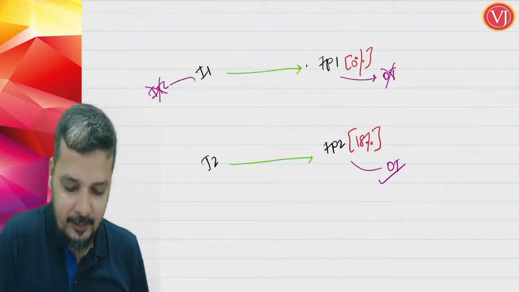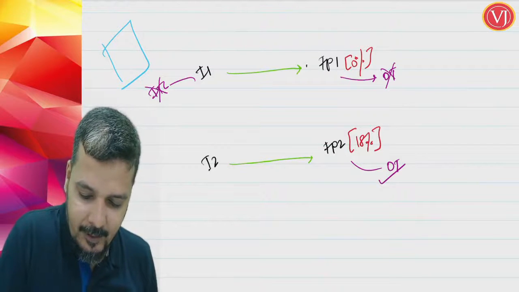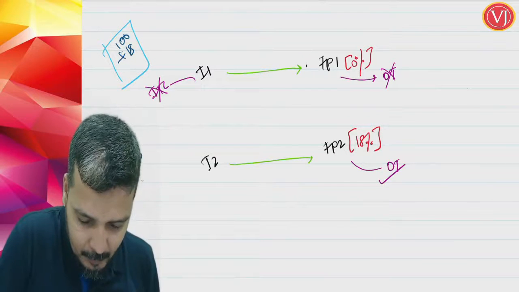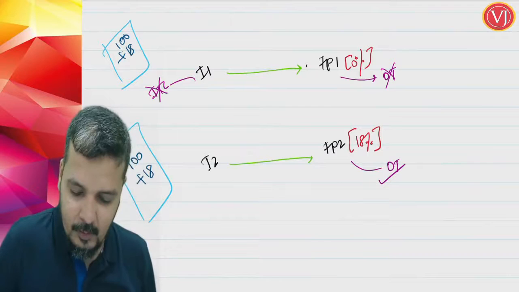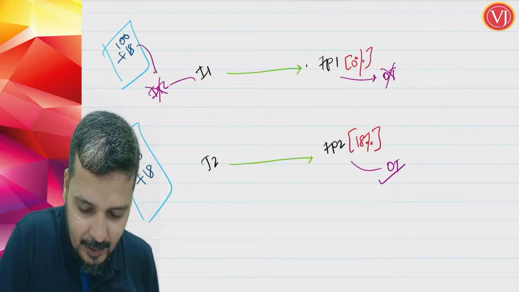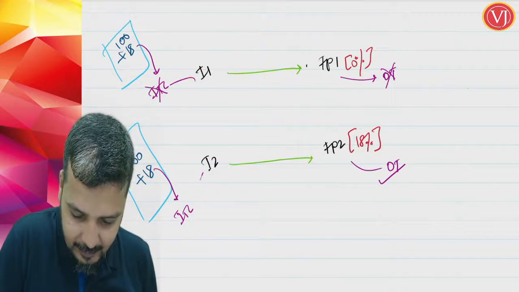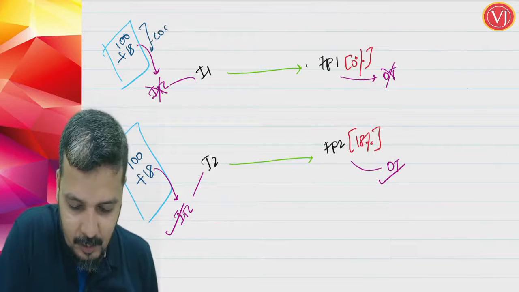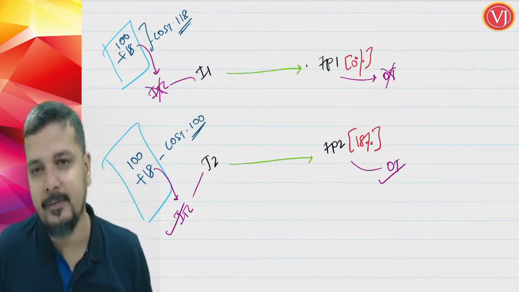Supposing this has come with GST of say 100 rupees plus 18, and input 2 has also come with 100 rupees plus 18. In the first case this 18 rupees I cannot take as ITC. In the second case this 18 rupees I can claim as input tax credit. So in the first case my cost would be 118. In the second case my cost would be only 100 because I can take ITC.